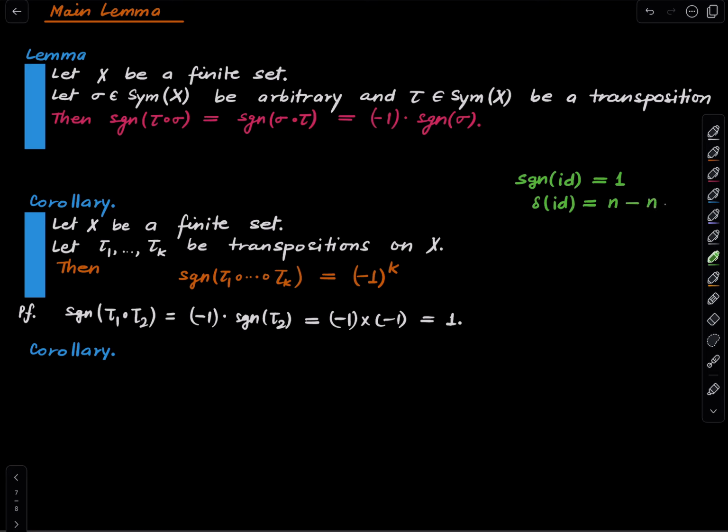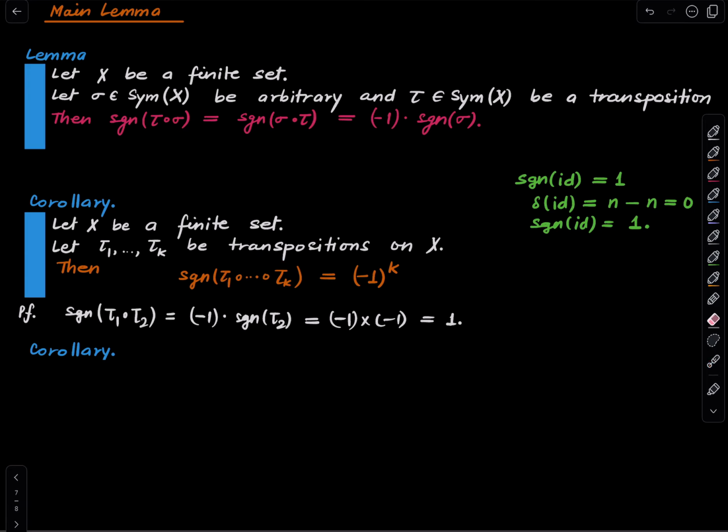So n minus n, which is 0. And therefore the sign of the identity is -1 to the 0, which is 1. So if we had an odd number of transpositions, the sign of their composite would be -1, while the sign of the identity is 1, and therefore we can never have the equality. We can never have a composite of an odd number of transpositions as the identity.